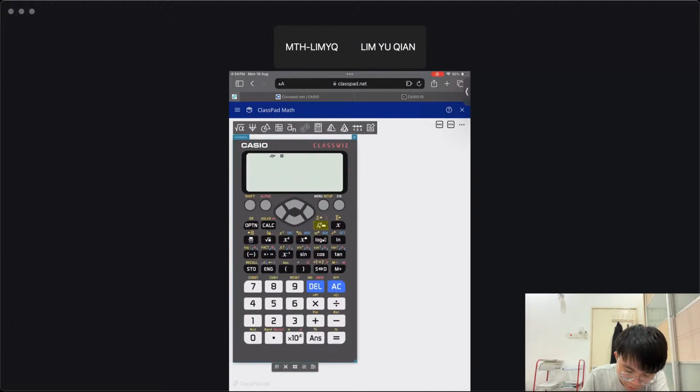Integration. Okay, so let's just do tangent squared x from 0 to pi over 4. Okay, and then let's go back.